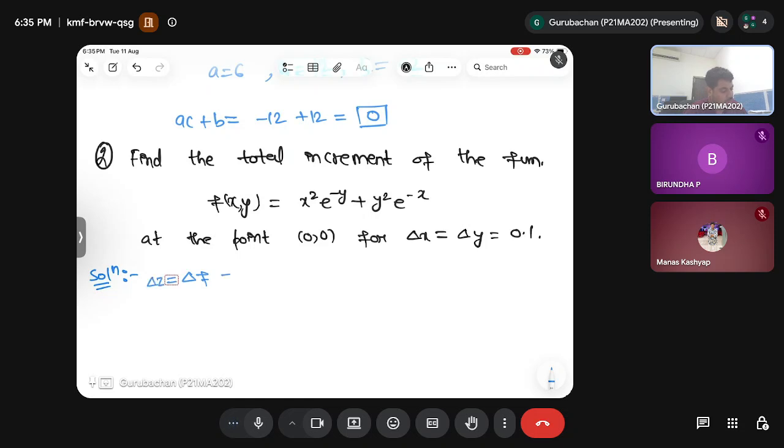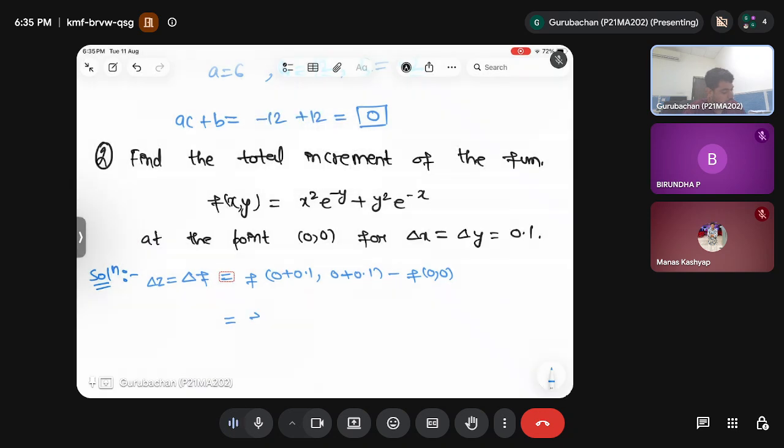So this is nothing but f at (0 plus 0.1, 0 plus 0.1), because both increments, delta x and delta y, are the same, minus the actual value of f at (0, 0).